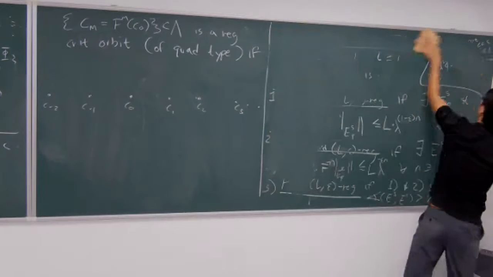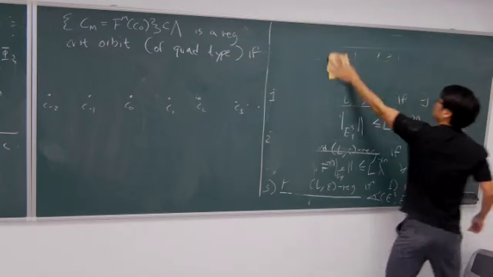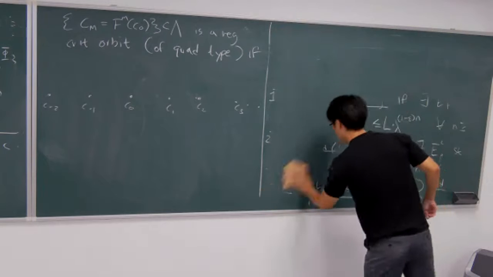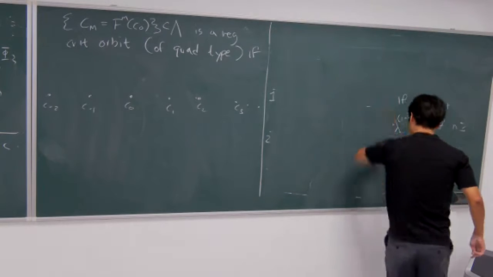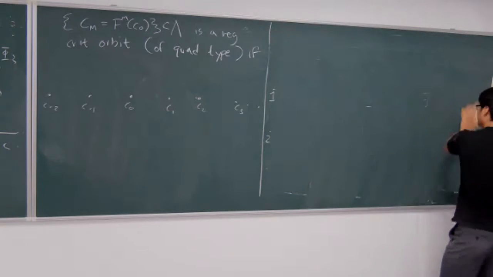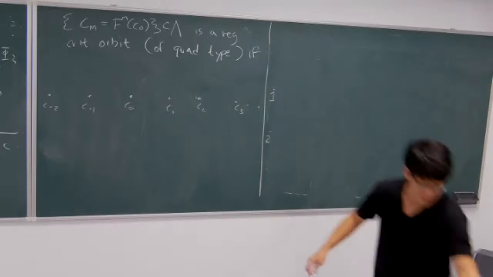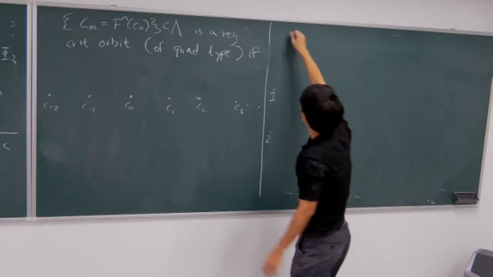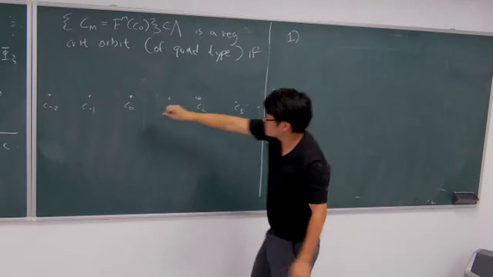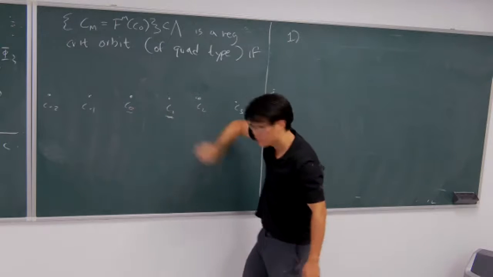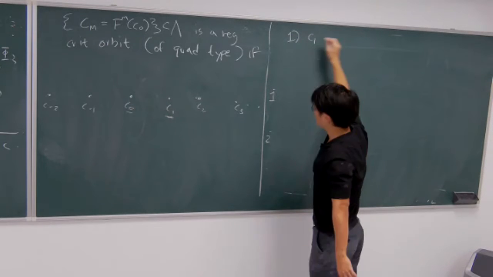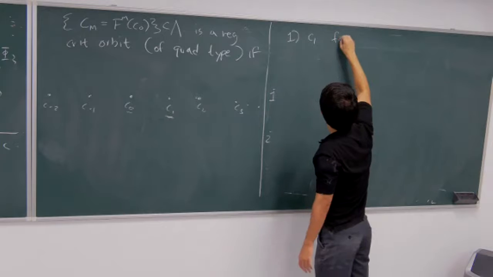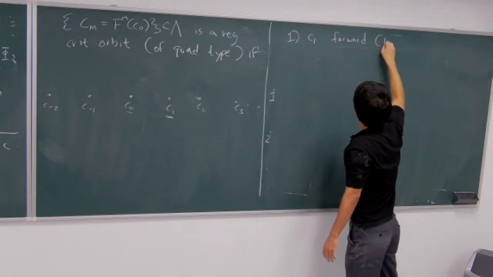First off, the critical point, C naught. Well, actually, no, let's start with the critical value. C1, the critical value should be forward epsilon regular.